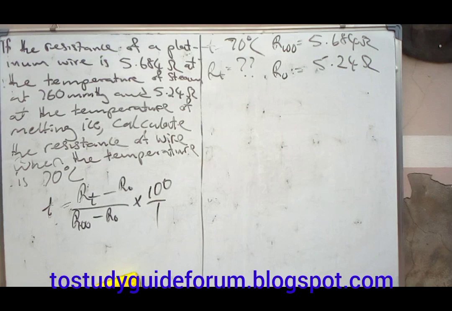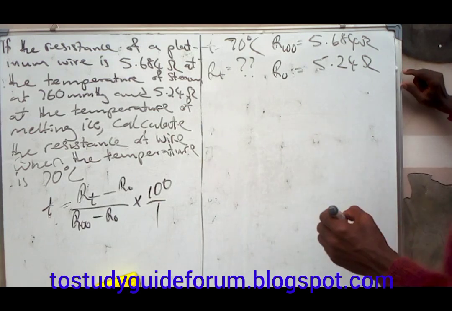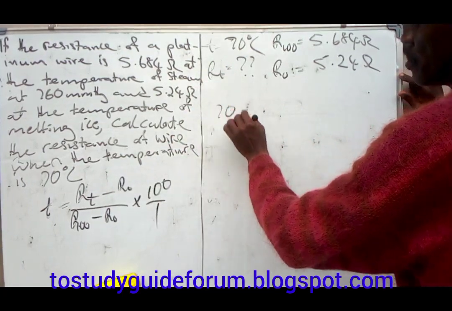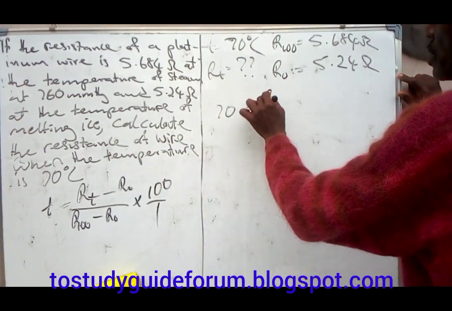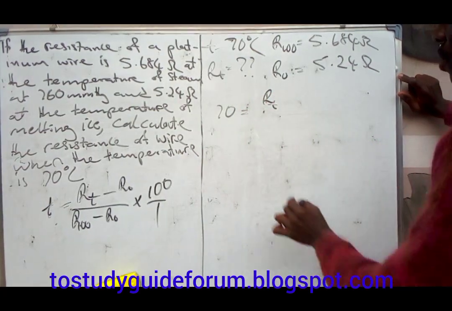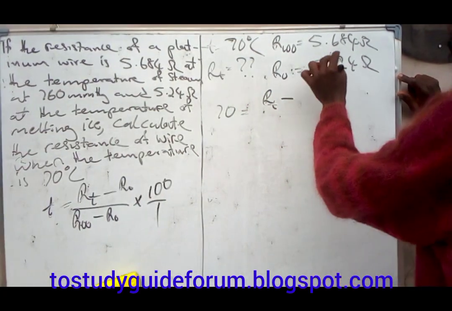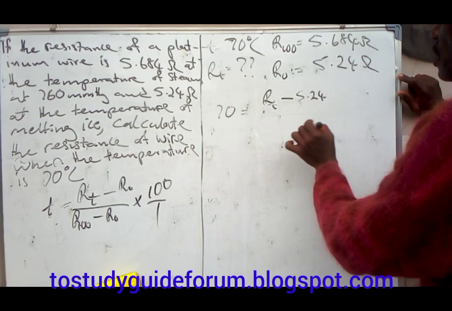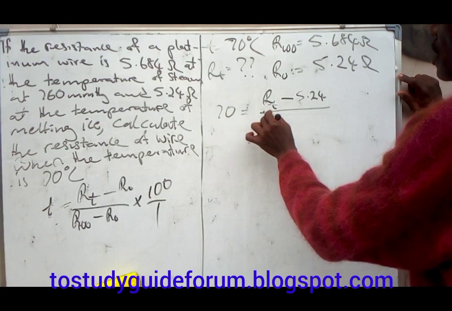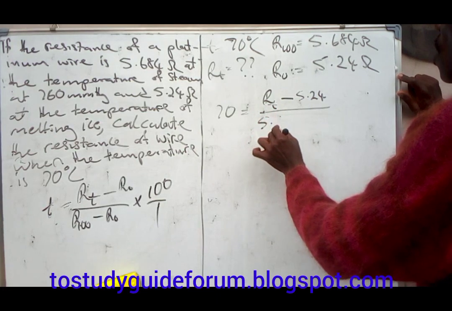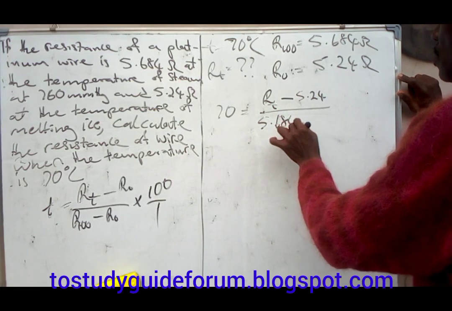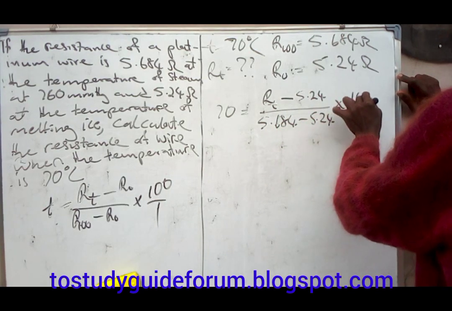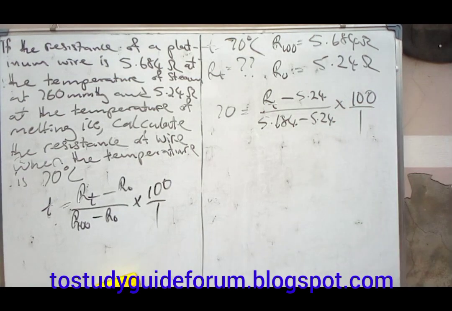Now we are going to substitute everything we have. T is 70, the resistance at that temperature is unknown, minus the resistance at 0 degrees Celsius, all over the resistance at 100 degrees Celsius minus the resistance at 0, times 100 over 1.